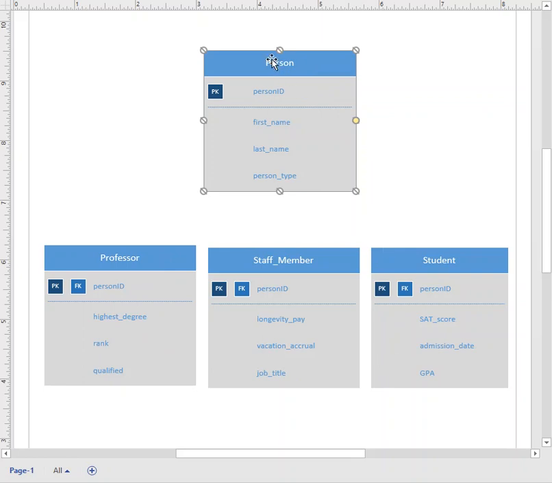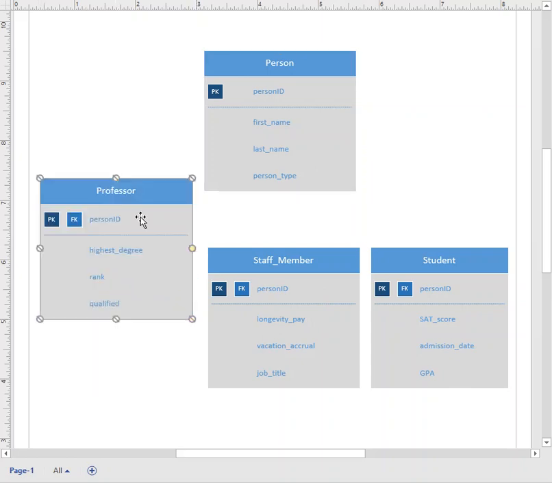So if there is a link from person to a pay table or something like that, we don't need to get into the details, but let's say the person table is related to a pay table, then that would mean that through this person supertype, all of these automatically inherit the relationship between them and the external relationship. But the opposite is not true. A student can have its own relationships that are separate from staff member and professor.